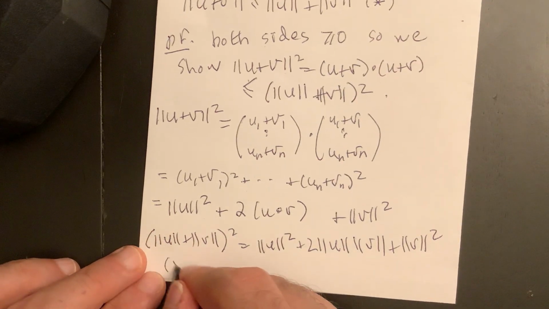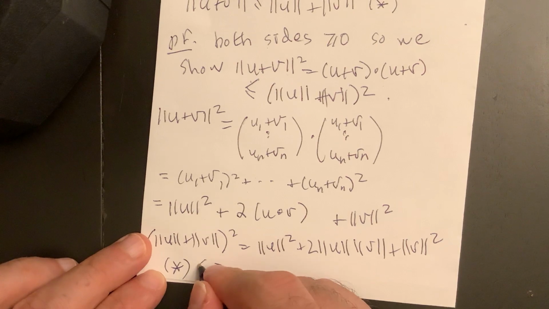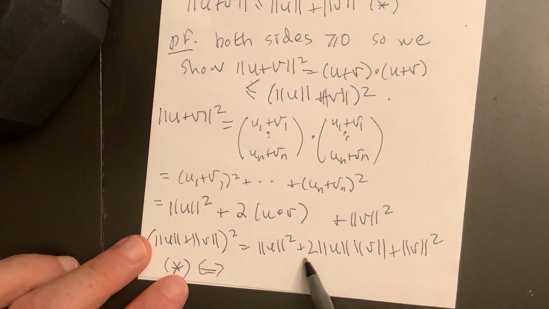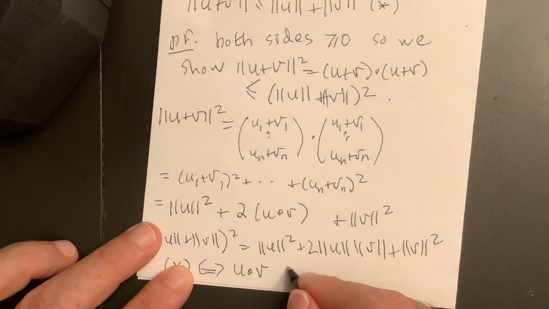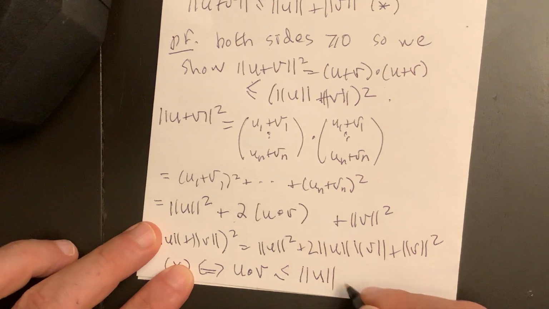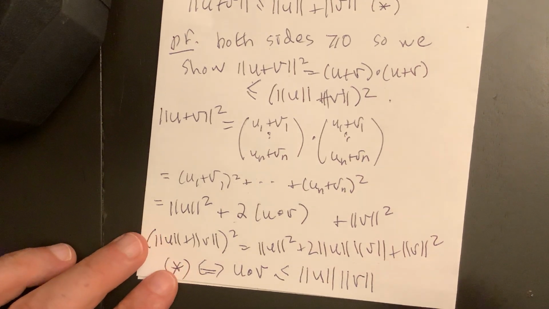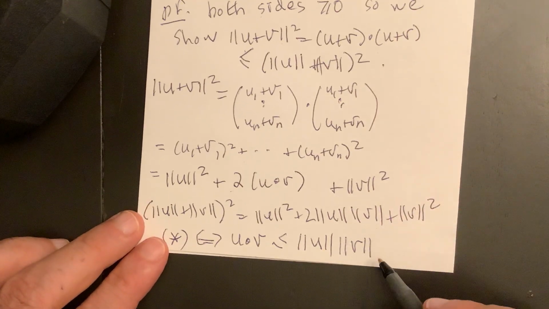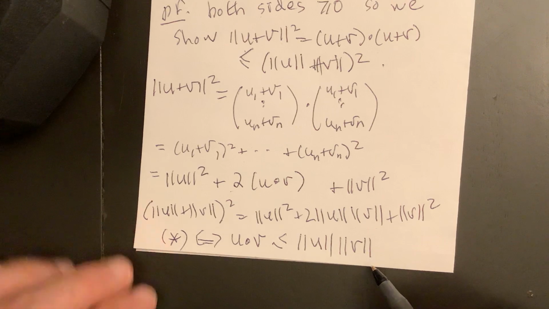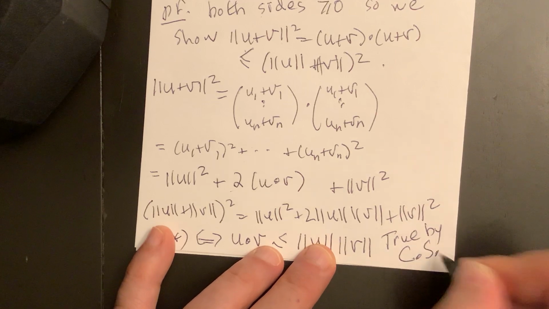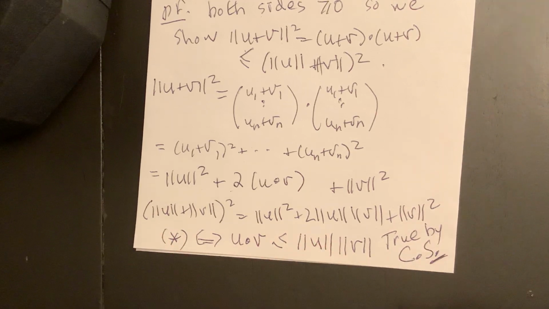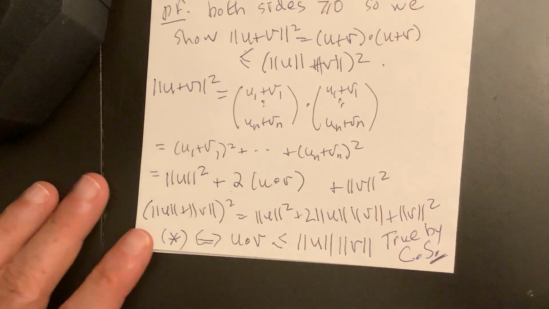We'll see star is true if and only if, due to these steps here, u dot v is less than or equal to the length of u times the length of v. But this is true due to the cosine formula, right? Because the cos of theta is between 0 and 1, and this is the Cauchy-Schwarz inequality. So this is true by Cauchy-Schwarz. Okay. All right. Stay tuned for one more.